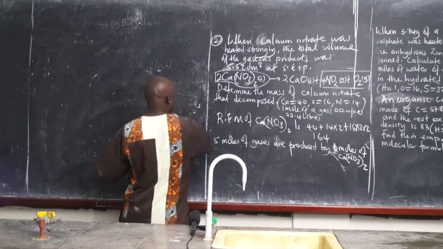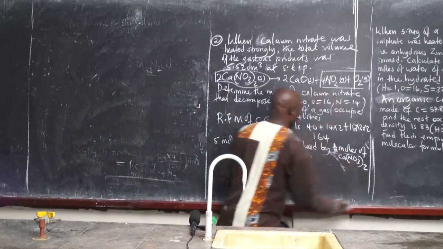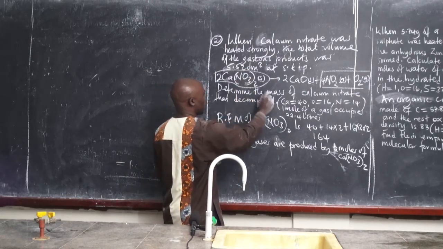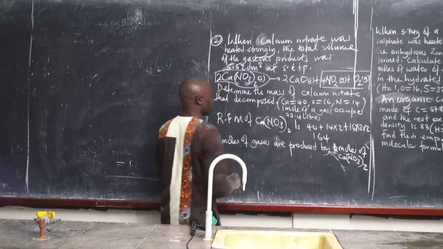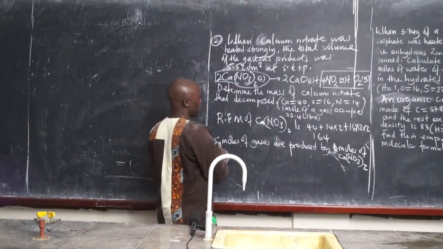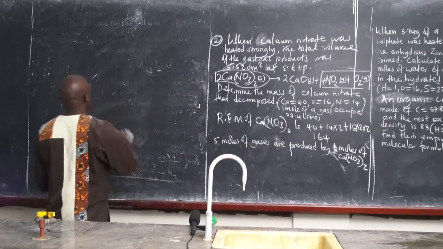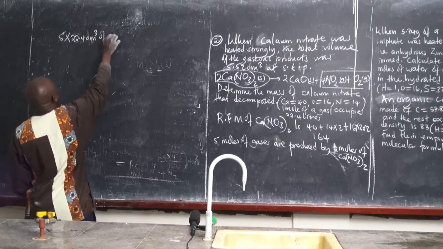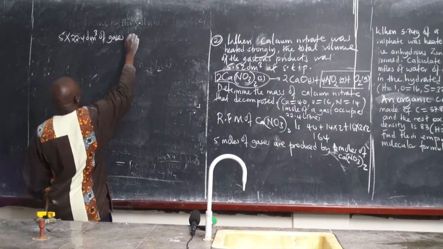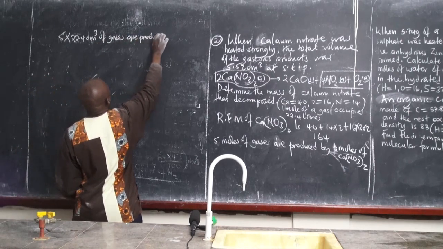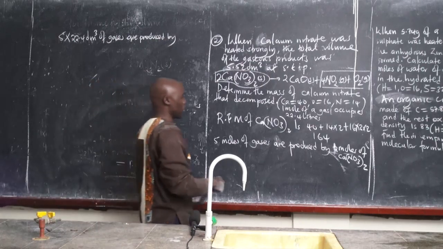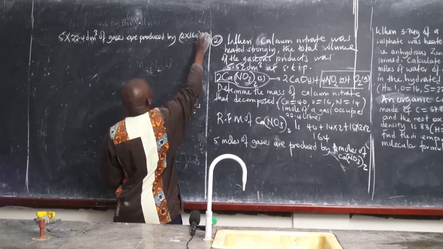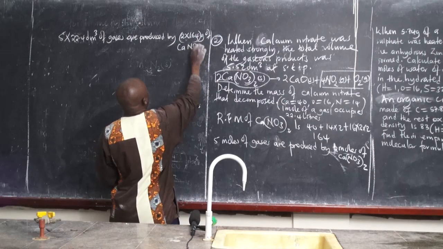So we multiply 5 times 22.4, because gases always occupy that STP volume for each 1 mole of gas. So 5 times 22.4 decimeters cubed of gases are produced by 2 times 164 grams of calcium nitrate.